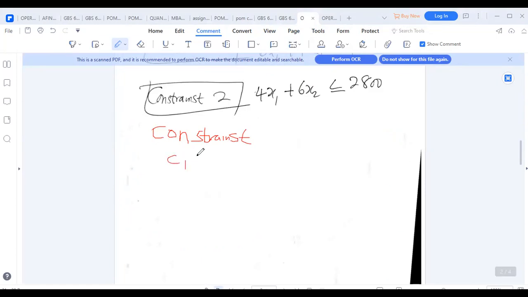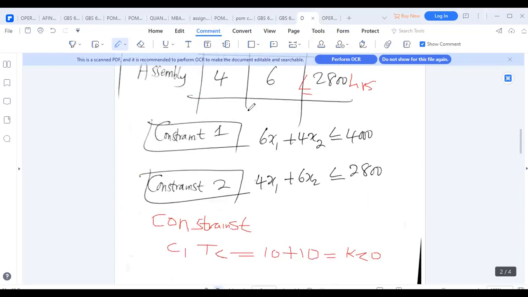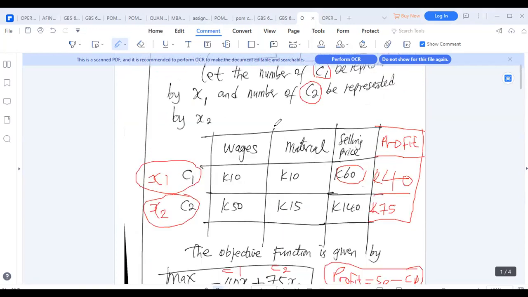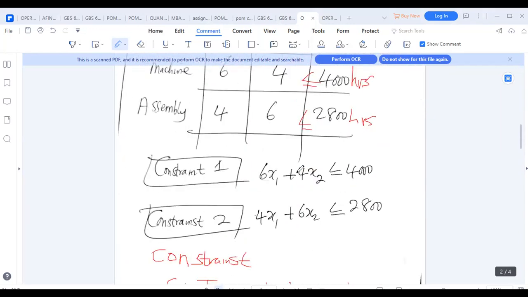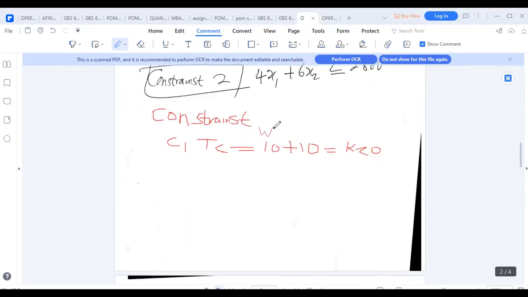C1 total cost is equal to 10 plus 10, which is giving us 20 kwacha. For aggregate, the total cost was 10, meaning the cost of wages and material. So we have the wages and material. So this one is still represented by x1.